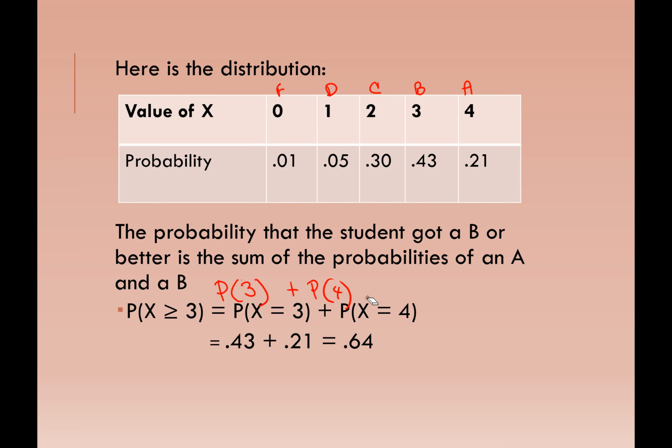And so then we can just add those together and we get 0.64. So the probability of getting a B or better is 0.64. And just a note, in terms of notation, probabilities are given as decimals, not percentages. And it is good to put the 0 in front just for readability.